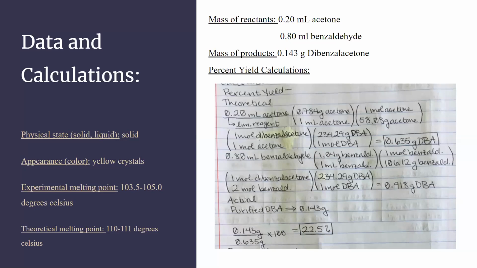The reactants used were 2.0 milliliters of acetone and 0.80 milliliters of benzaldehyde, and we ended up getting 0.143 grams of dibenzyl acetone. As you can see in our calculations, the acetone ended up being the limiting reagent, and when we calculated it out, we ended up with a percent yield of 22.5.